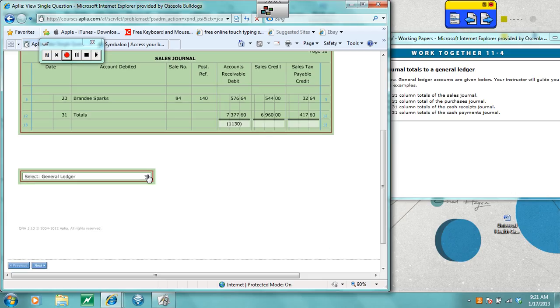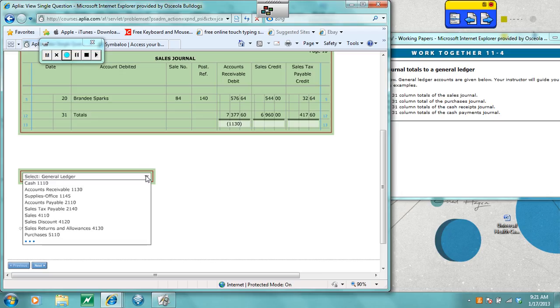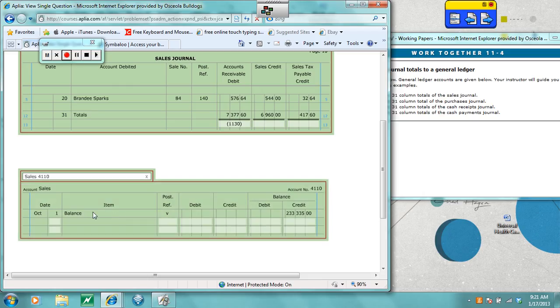Okay. Next, we have to post this total. Sales credit. So we go to sales. It's the 31st. It's a sales journal that we're posting from. And it's a credit. 6960. And if I had 100 different of these entries in here, I only have to post this total.